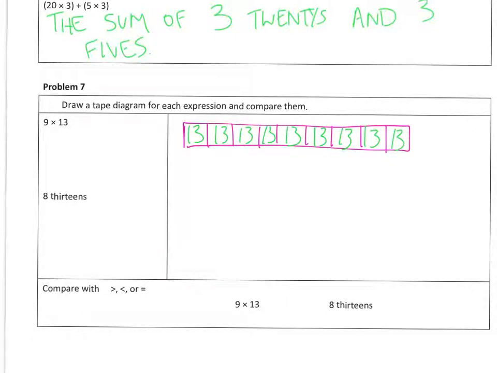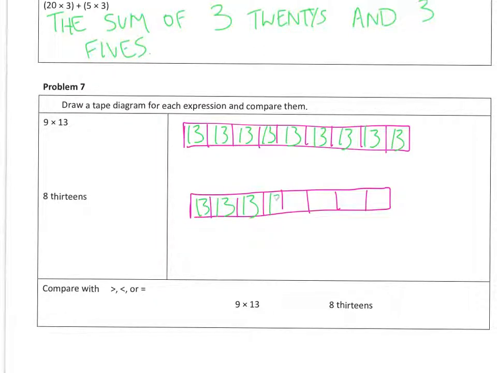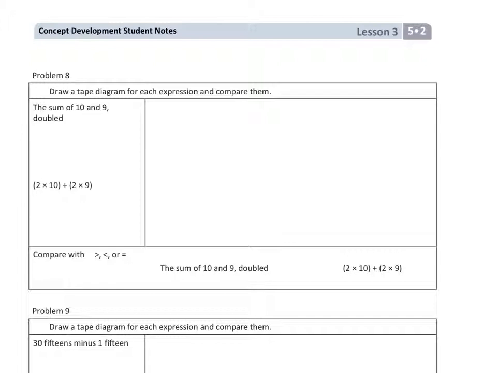And then let's see down here, and then we have 8 13s. Well, if it's asking us to compare which is greater, well, we know 9 13s is going to be more than 8 13s because 9 is bigger than 8. Let's keep going.